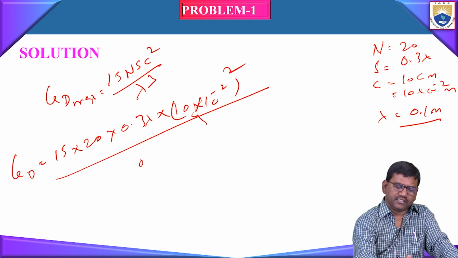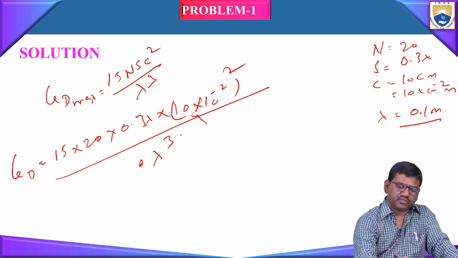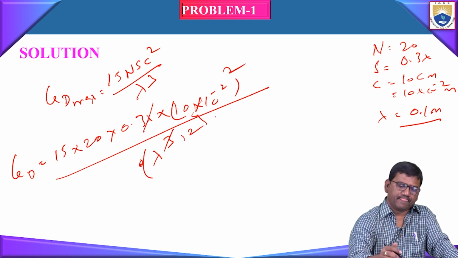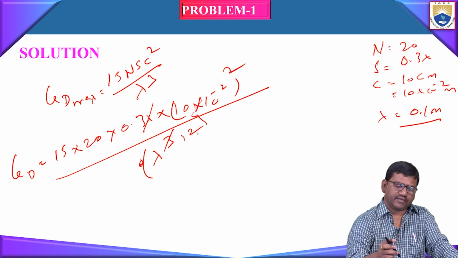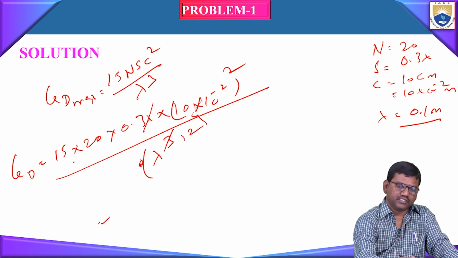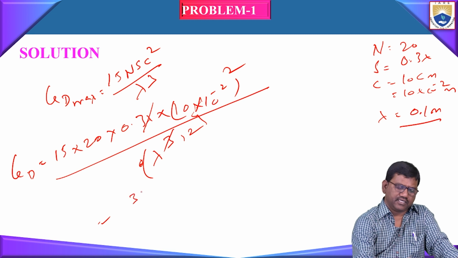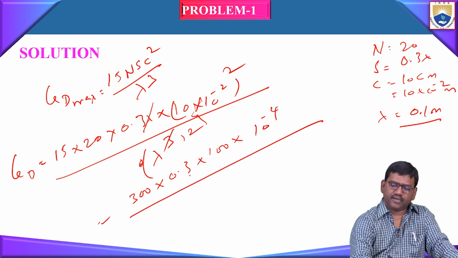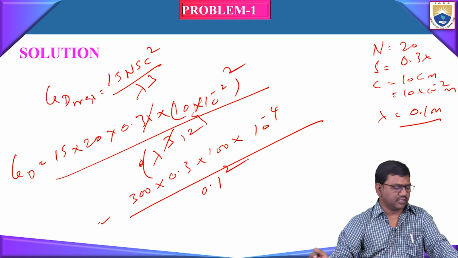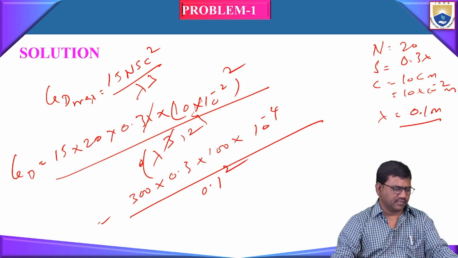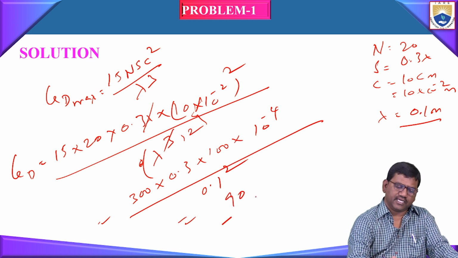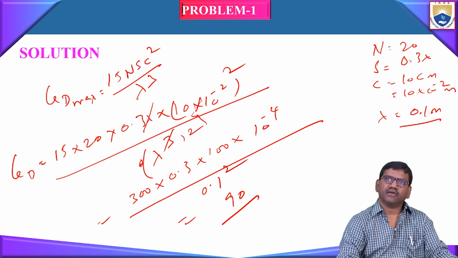Here, with 0.3 lambda, lambda cubed reduces to lambda squared. So this is 15 into 20, which is 300, into 0.3 into 100 into 10 power minus 4, divided by lambda squared, which is 0.1 whole squared. If you substitute and simplify, you will get the value of G_D as 90.